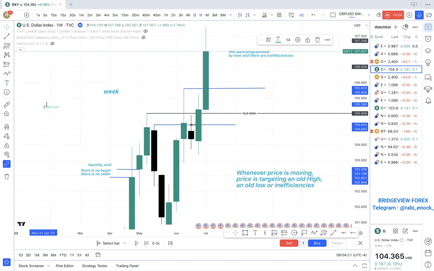So my question will be, what is a liquidity void? What is a liquidity void?